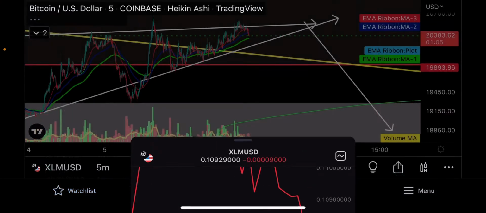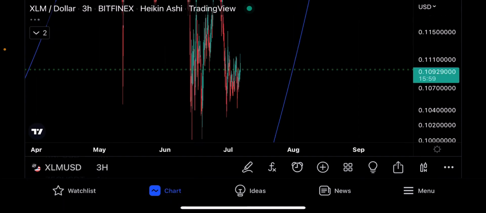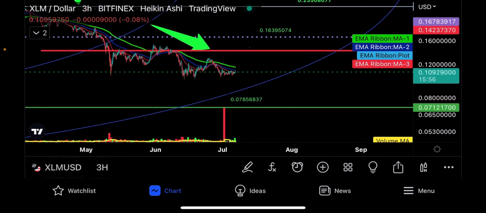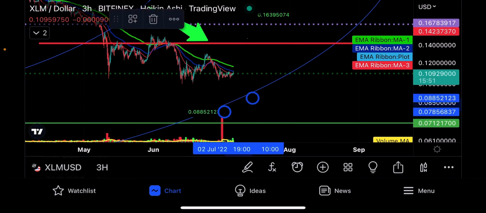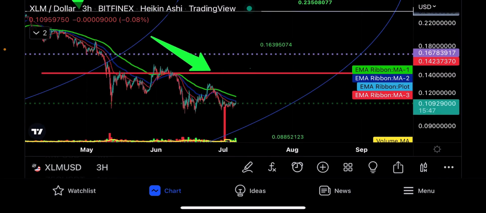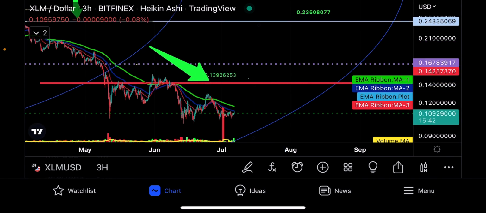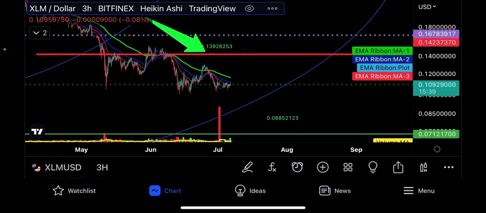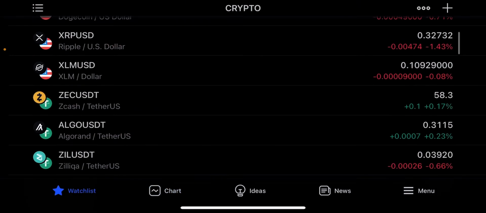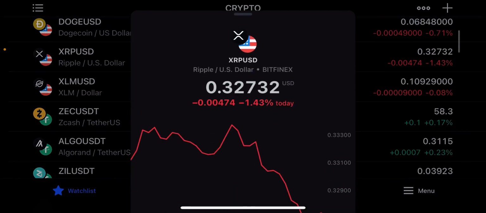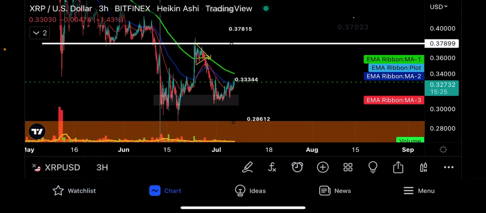And we see right now on XLM, what we got going on here is you've got your underneath support, and XLM is the blue fib circle that I've been watching for a long time. It's actually slightly uptrending, so now it's at 8.5 cents, and your overhead resistance is at 16 cents right here on the red line, which is major overhead resistance, and that's what I'll be playing. You've got to get above the 200-day to get bullish, and if you get rejected, you're coming back down to the 8-cent level. If you look at XRP, you're looking at 33 cents as the 200-day moving average.